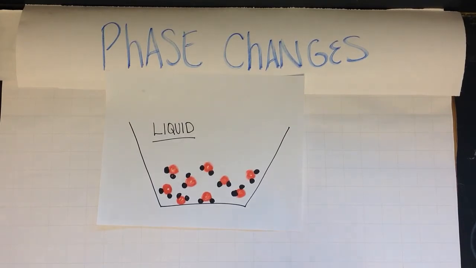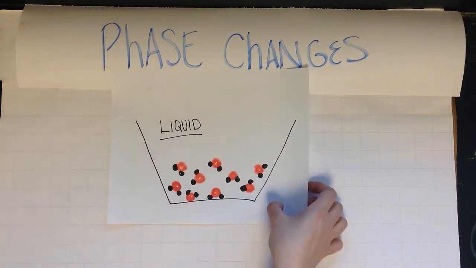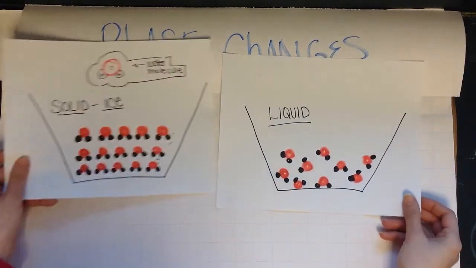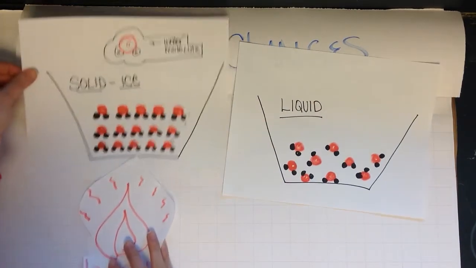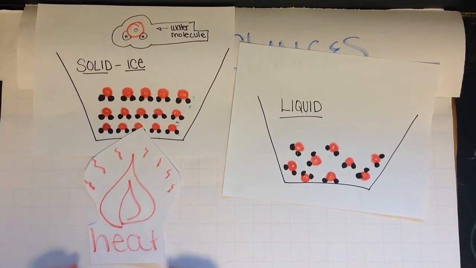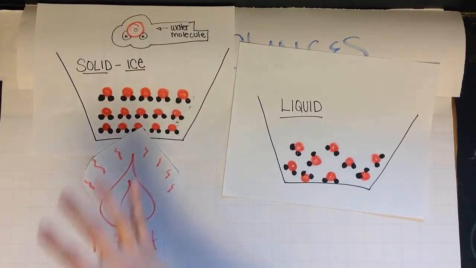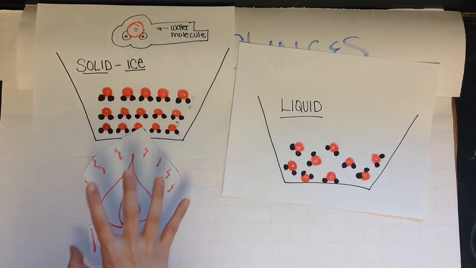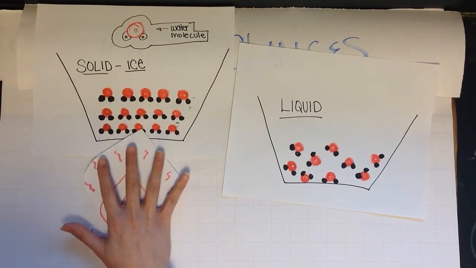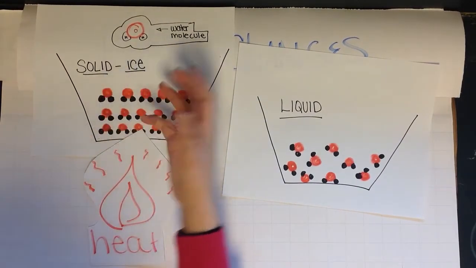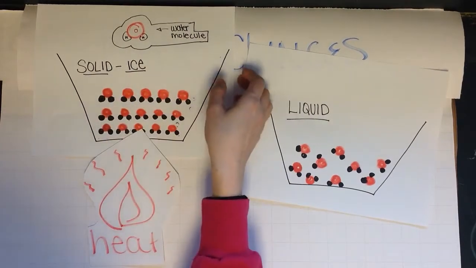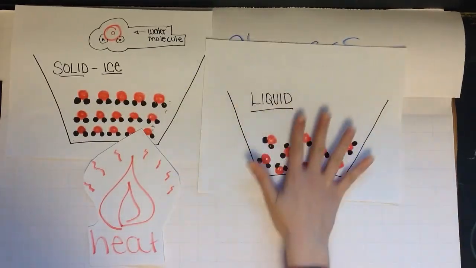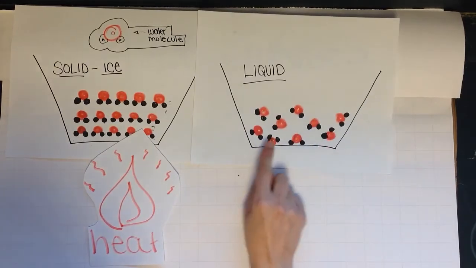Well, when the molecules get enough heat, so let's go ahead and put some heat under there, they start to move around more, right? Heat, an increase in temperature, causes these molecules to gain enough kinetic energy, and they start to move around, as seen here. This picture shows molecules moving around.